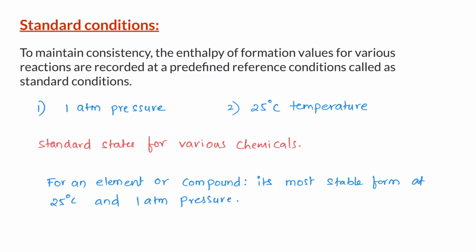For example, the standard state of oxygen is O2 gas because oxygen at 1 atmosphere pressure and 25 degrees Celsius exists as O2 gas. Similarly, the standard state of hydrogen is H2 gas. The standard state of carbon is graphite.